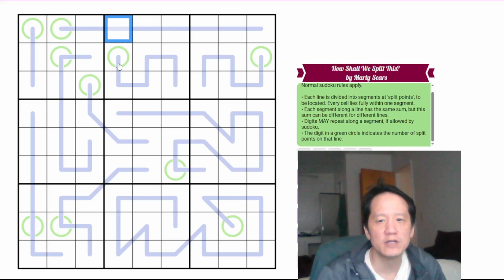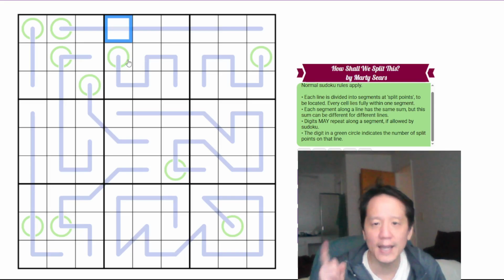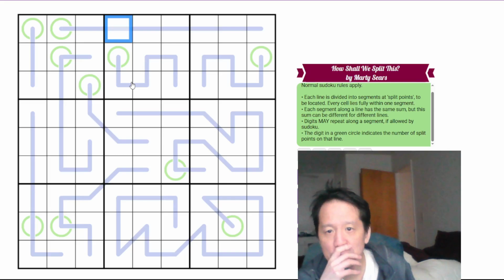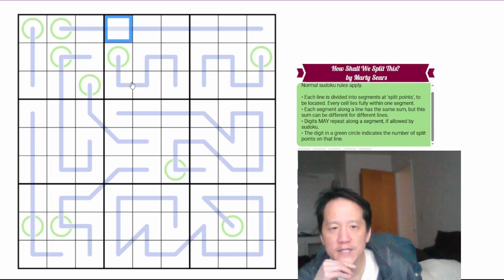Each segment along the line has the same sum, but this sum can be different for different lines. Digits may repeat along a segment if allowed by Sudoku. And the digit in a green circle indicates the number.